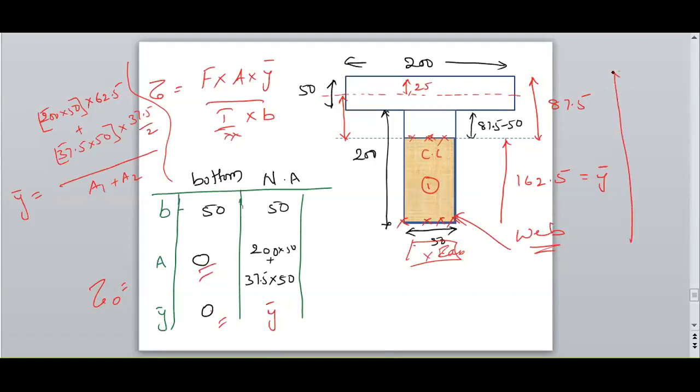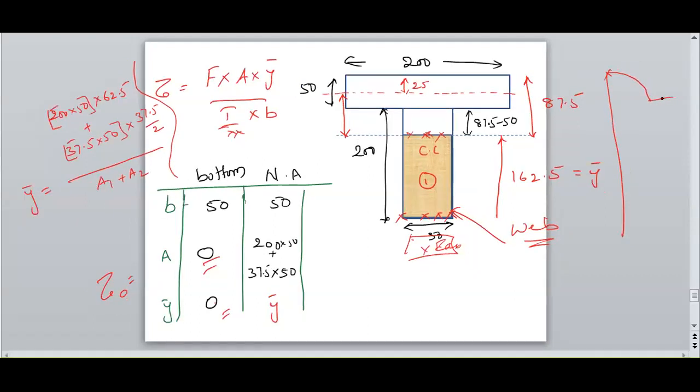Initially it is 0 and it will increase, and suddenly it will increase vertically, and up to the neutral axis it will be increasing, and at the bottom it is 0 again, and I need to join this. So I will get a stress distribution curve like this.